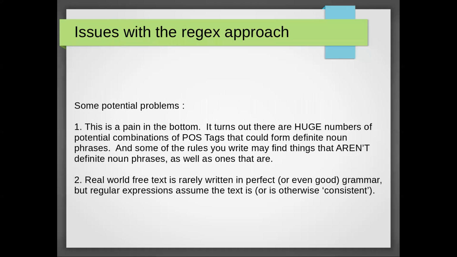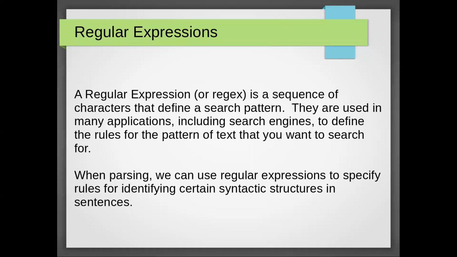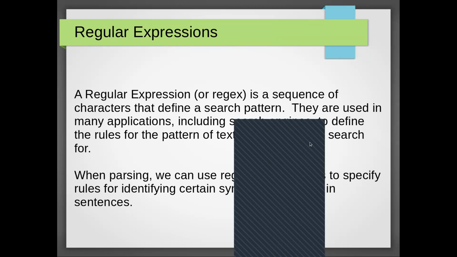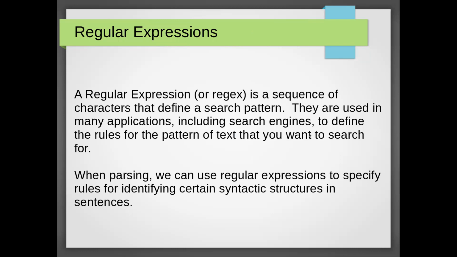And traditionally, they were used extensively within natural language processing in the old days, to basically say, if you're looking for a noun phrase, then look for a determiner followed by an optional adjective followed by and so on. You had to set up all these patterns, and it is an absolute nightmare to do that, because the English language is so complex, and so therefore it becomes very difficult to get consistent rules that work well. But that's how you used to have to do it.